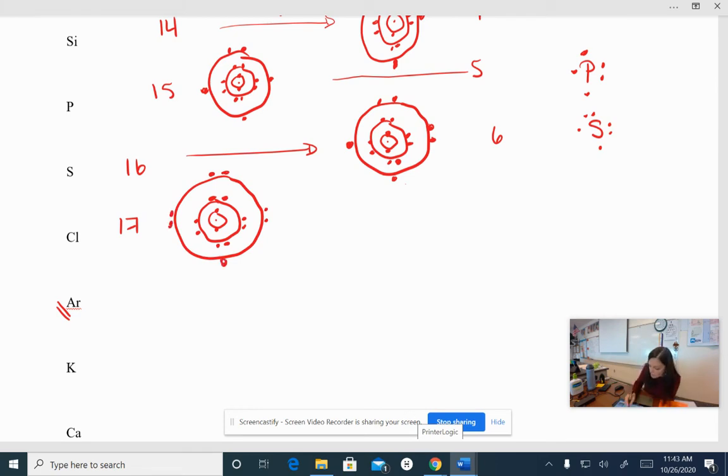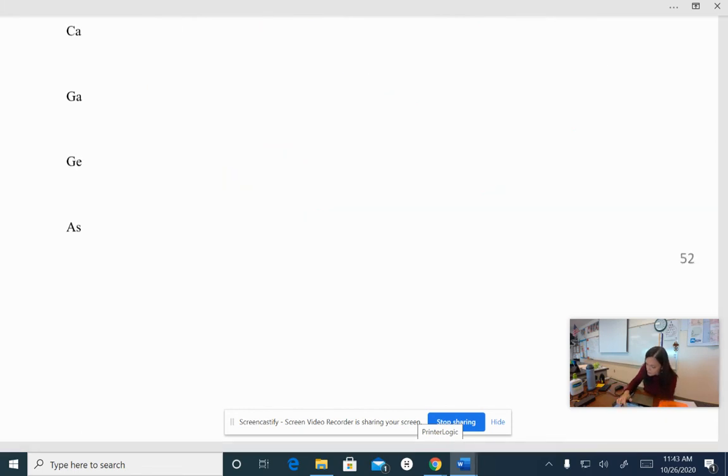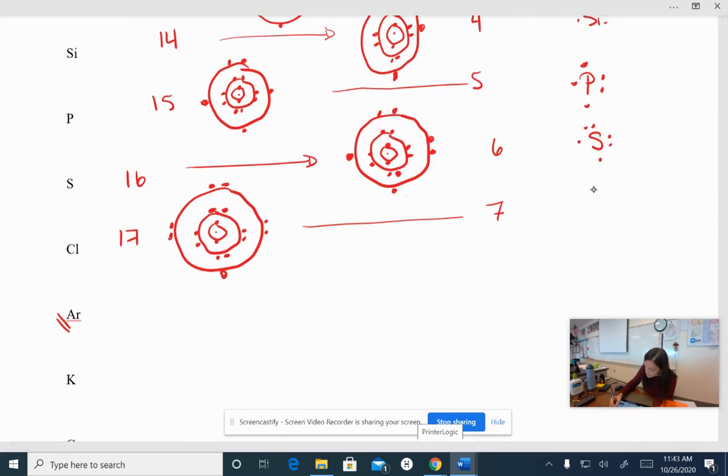That will give us a grand total of 7 valence electrons, or 7 electrons on the outermost shell. So on chlorine's dot picture, we are going to want to show 7 valence electrons.